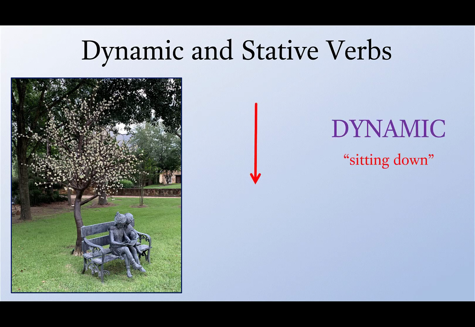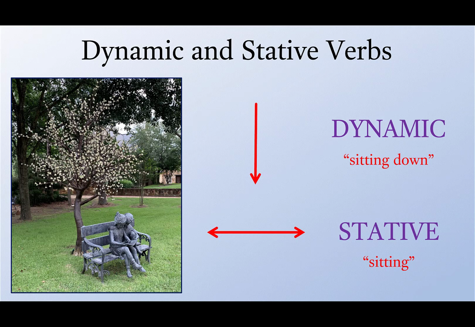Well, one way is to think of the figures that the statue represents were originally standing, and as they sat down, that sitting down action, that action right there, we could call a dynamic verb of sitting. Now, there's also a stative idea of sitting, which is what they're doing right now. The action does not have the connotation of change through time. So it's a state rather than really change, an action, in a way of categorizing verbs.